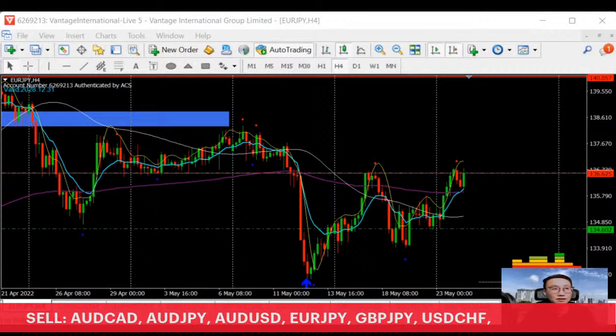Yes, it's still on 58.4. The previous was 58.9. The figure is only a figure. It still depends a lot on the market sentiment to determine the movement.